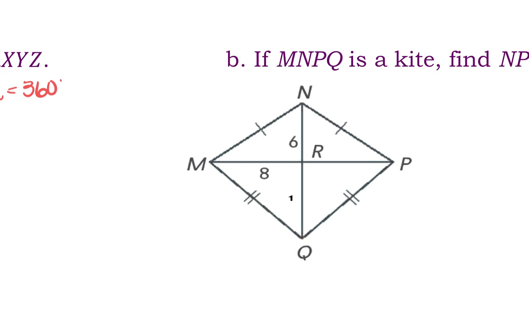Which one do you think is bisected? Do you think this one is cut in half or do you think this one's cut in half? It's actually M to P. This one is always going to be congruent to this one.